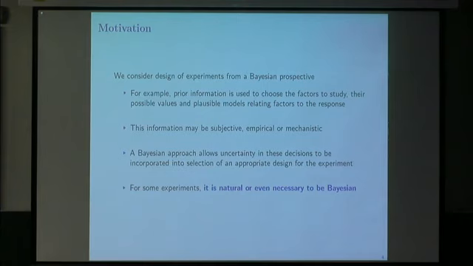So a Bayesian approach is going to allow us to take into account all the available prior information in a coherent way, and also take into account the uncertainty about any unknown model parameters that we may have. Also, for many experiments, it's natural or even necessary to be Bayesian.